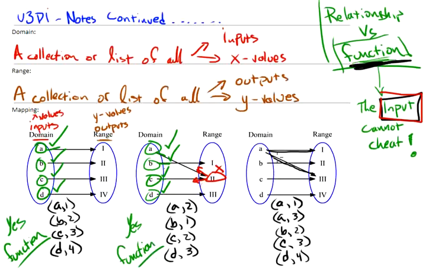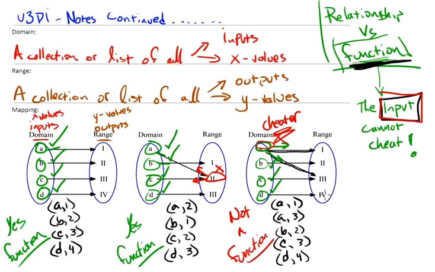Okay? Now, let's come over here. This A is having an issue. A is in a relationship with 1 and 3. So A is a what? Cheater! Oh no! How about B? Do we need to test any of these other ones? No, but we will. B passes, C passes, D passes, but because this one doesn't pass, the whole thing fails, and it's not a function.